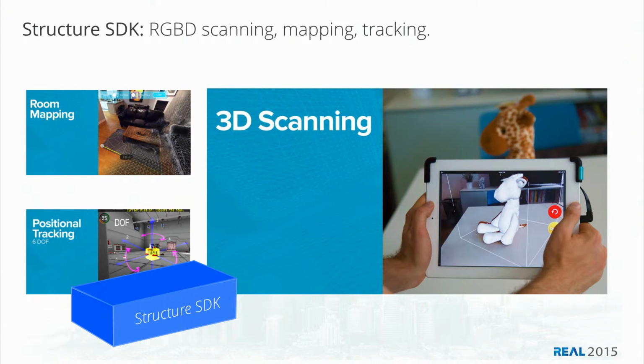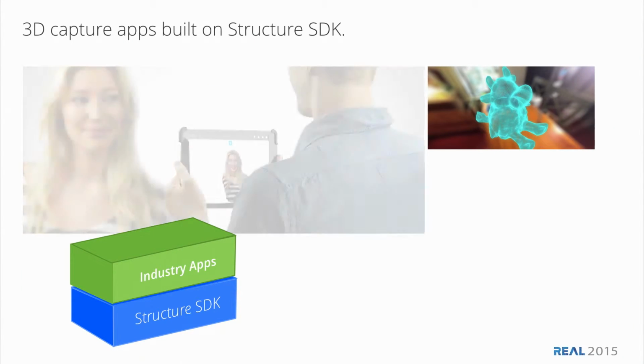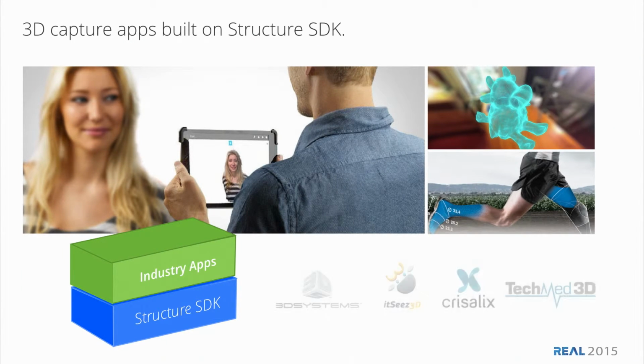And some people are actually using it today, so it's not just us pontificating. 3D Systems is actually using the Structure Sensor for their customers and deploying 3D scanning apps to the 3D printing industry. We have some medical applications, things from simulation of plastic surgery to wound measurement and wound care to orthotics and custom products. So there's a lot of interesting uses today, and we want to see that grow a lot.